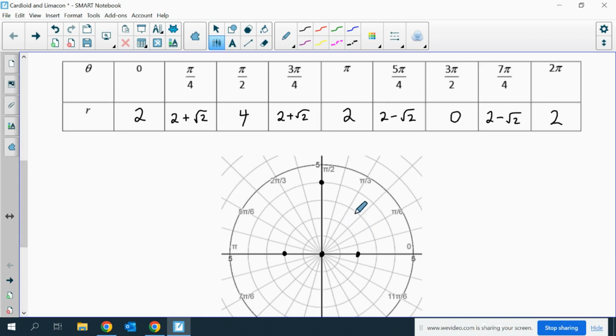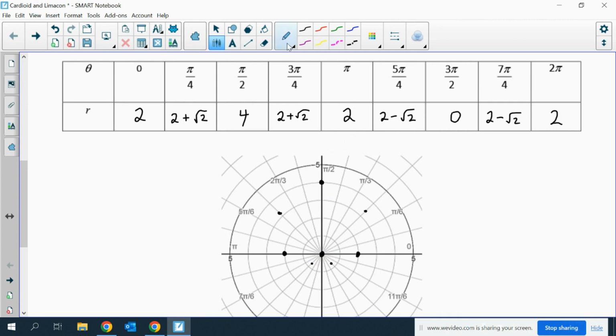At pi fourths, we end up with 2 plus root 2, which is about 3.4. The same thing happens at 3 pi fourths. At 5 pi fourths, we end up with something between 0 and 1, so it's going to be a pretty small number. And likewise at 7 pi fourths.